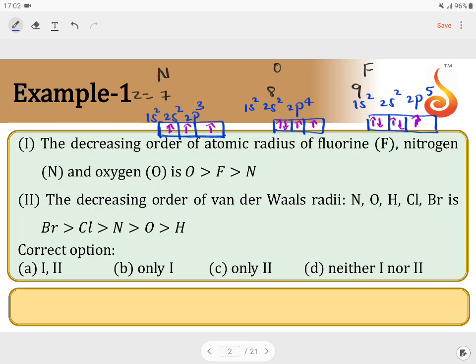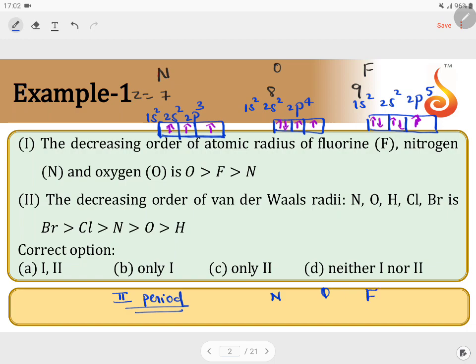But one more interesting factor here is nitrogen, oxygen and fluorine belong to the second period of the periodic table. That's nothing but group 15, 16 and 17.